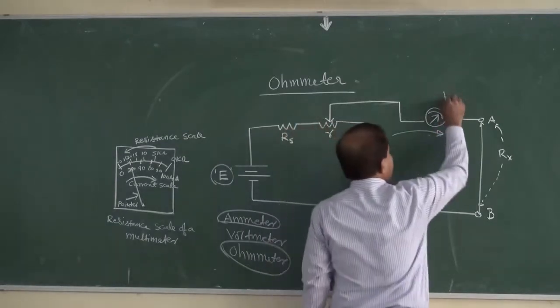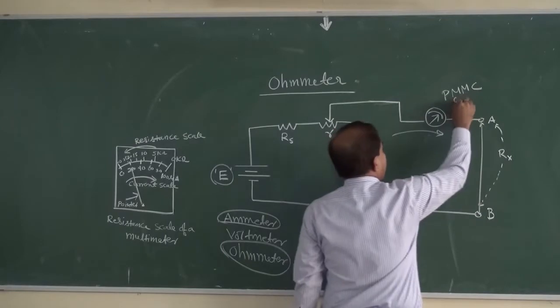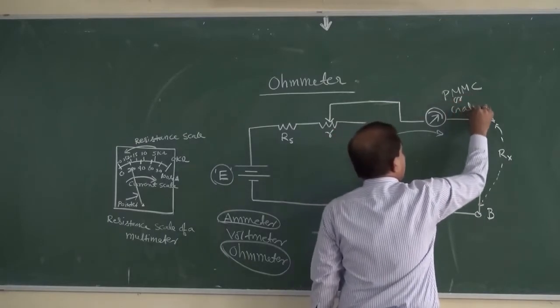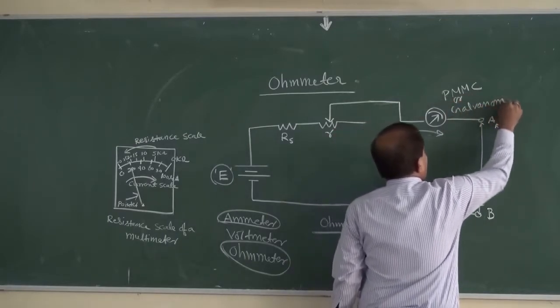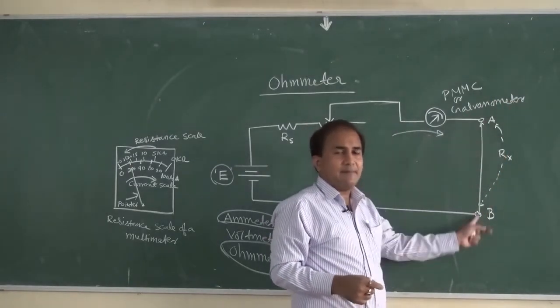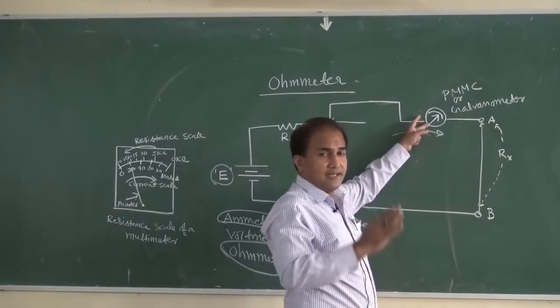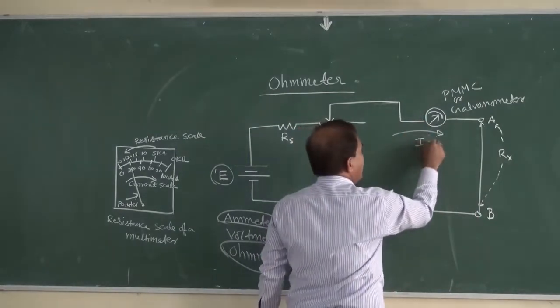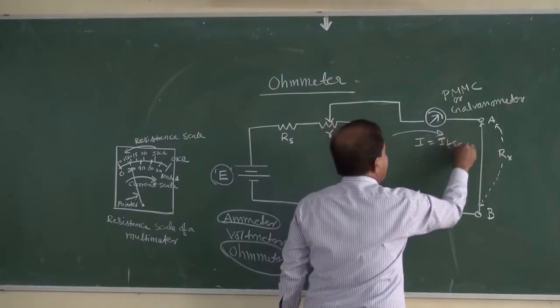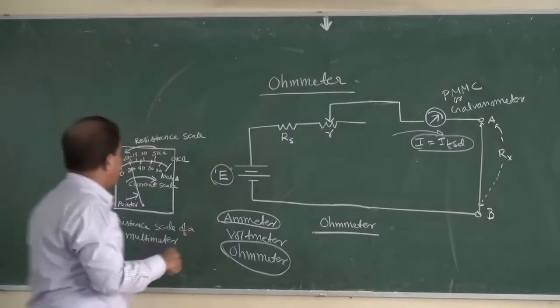This is the PMMC meter or galvanometer. If the two terminals A and B are shorted, then the pointer shows I equal to IFSD, the full scale deflection current.